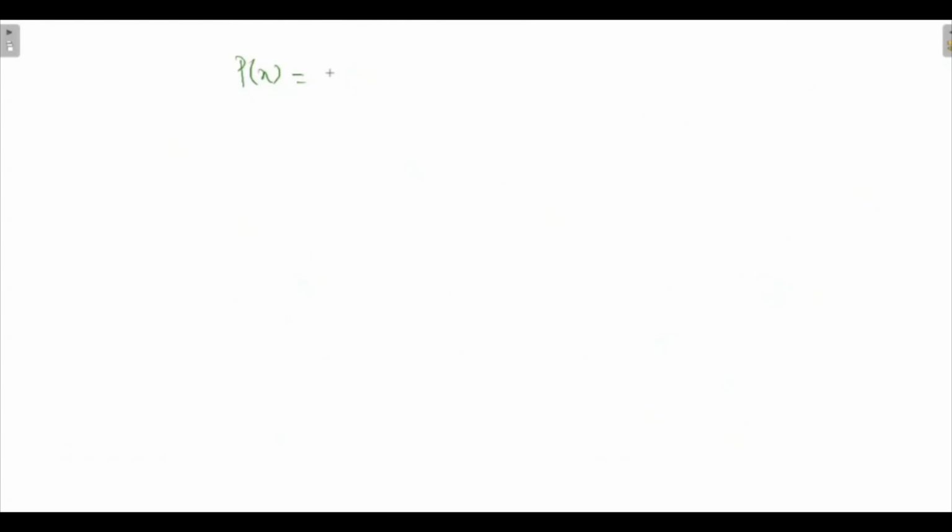So let's say I have got here 25 a square b cube, and then I've got x to the power 5, and I've got qx as 24 a to the power 6 b to the power 1 and x to the power 9. Right. So 5 square, I'm writing it 5.